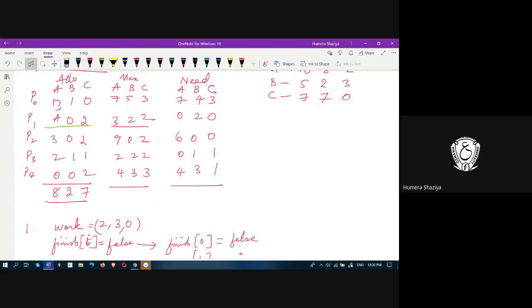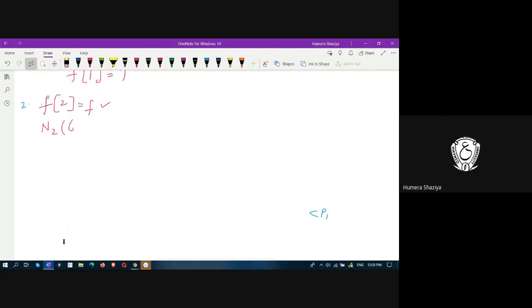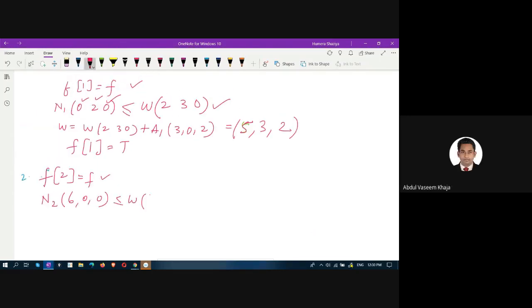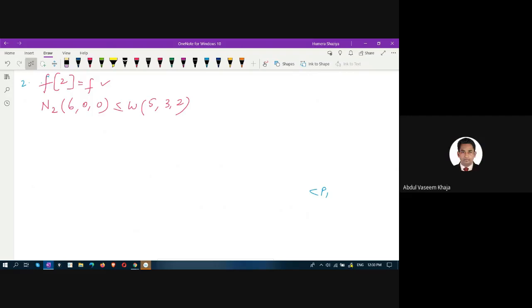Is this less than Work? What is Work? 532. Can you satisfy or fulfill the requirements of P2? False. It is false. False means go to the next one, P3.